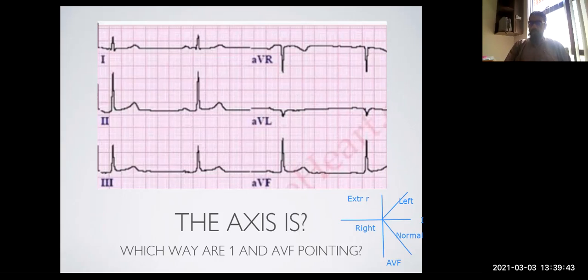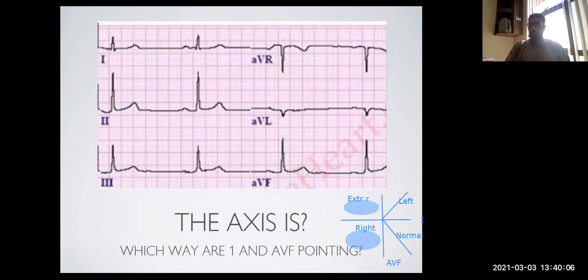Agreed? So we can already discount these two. Let's take them out of the equation. So which one is going to tell us where electricity is going? We need to look at lead AVF.